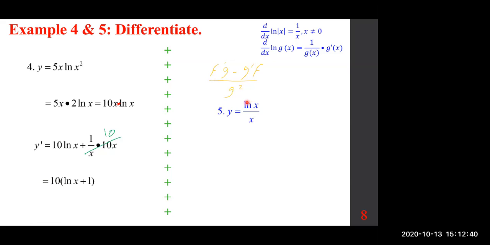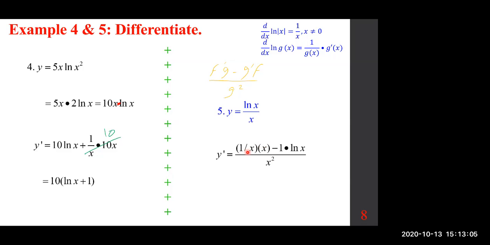So the derivative of the top is 1 over x times the bottom x, minus the derivative of the bottom is 1 times ln x. And you just write the denominator squared. So again, 1 over x times x minus 1 times ln x, and the bottom you just write it and square.